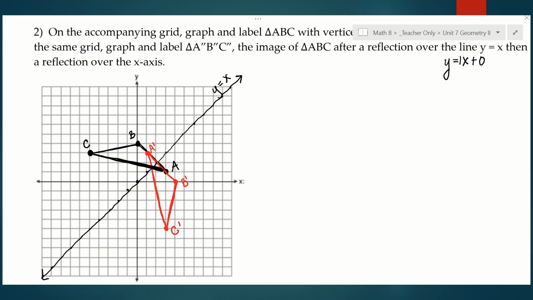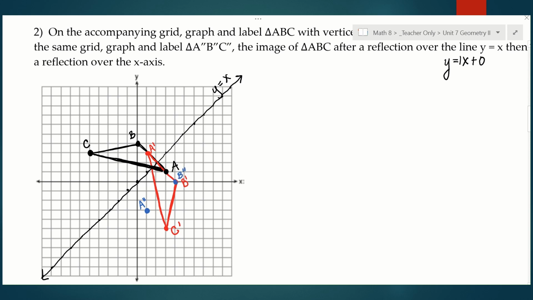So again, I'm going to start with the triangle that I just drew, and now I'm counting how far I am from the x-axis. So I'm going to start with A. Looks like I'm 3 away from the x-axis, so if I go 3 in the opposite direction, now I'm down here. There's my double prime. B prime is already on the x-axis, so B double prime is also going to be there.